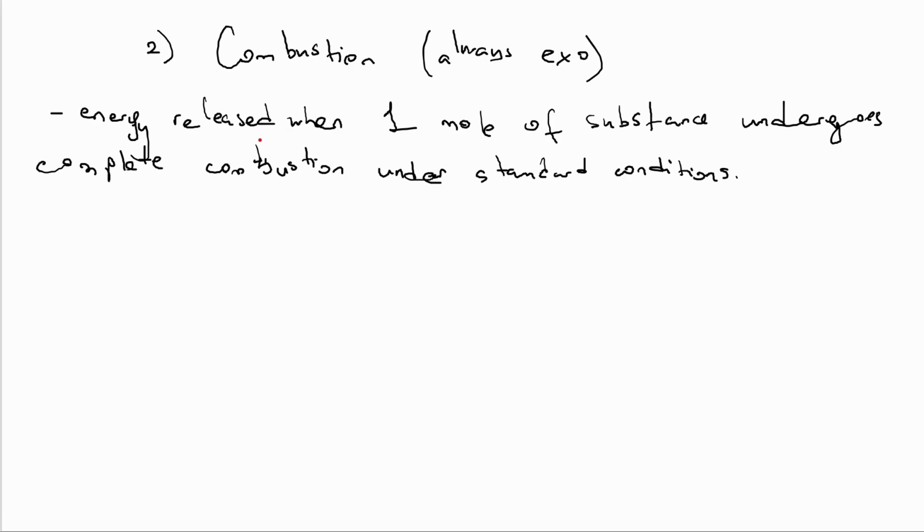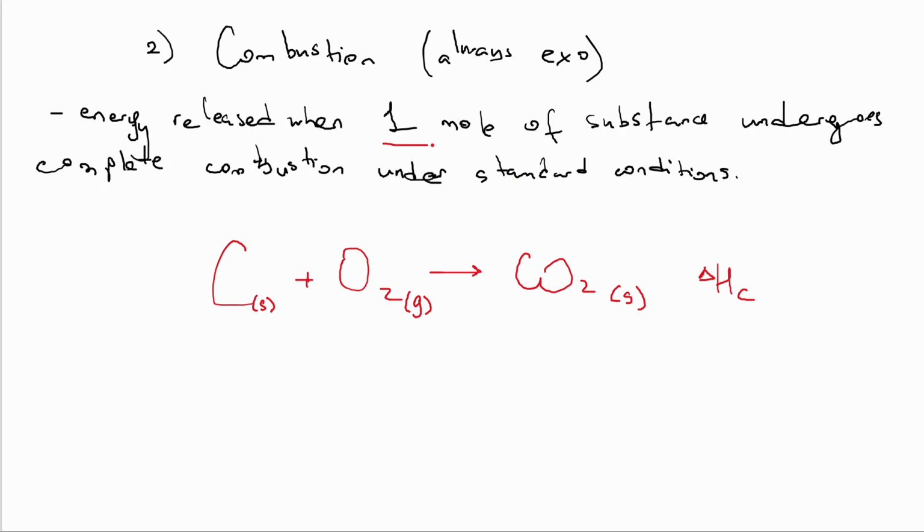For example, carbon reacting with oxygen to form carbon dioxide. Carbon at standard state is solid, mostly graphite. Oxygen is gas, carbon dioxide is also gas. This enthalpy is called combustion enthalpy, when we burn 1 mole of substance. Here we have 1 mole of carbon.